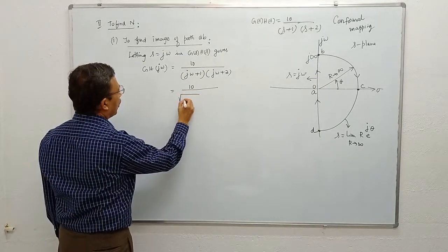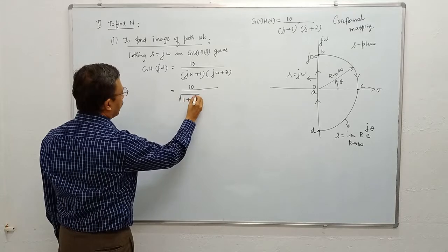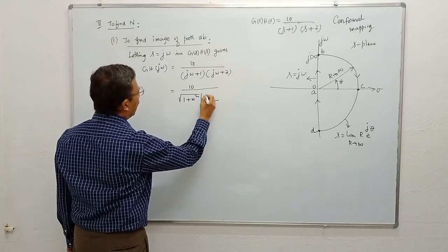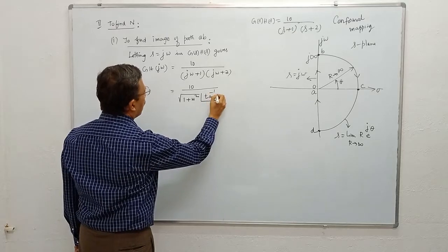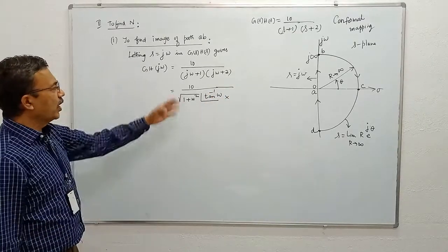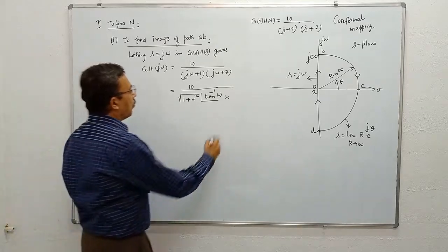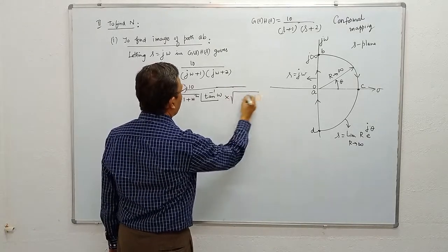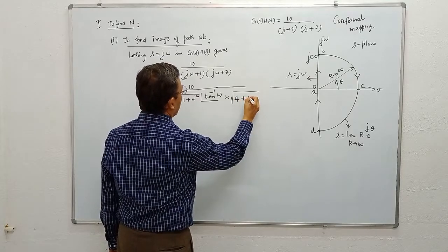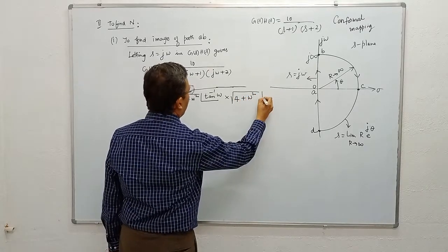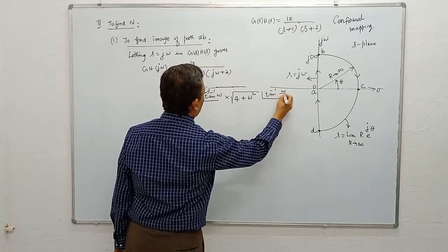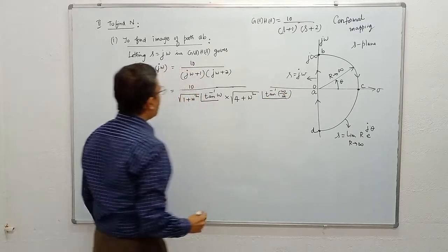Magnitude is square root of 1 plus omega square, real part square plus imaginary part square. Angle is tan inverse of imaginary part by real part. Next 2 plus j omega converted into polar form. Square root of real part square, 2 square is 4 plus imaginary part square, which is omega square. What is the angle? Tan inverse of imaginary part is omega, real part is 2.